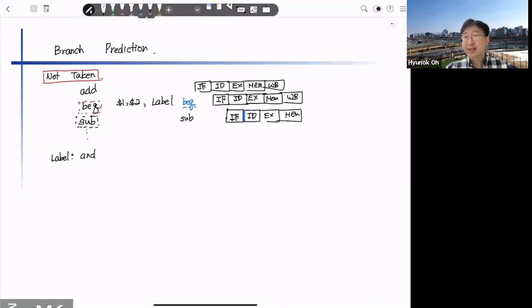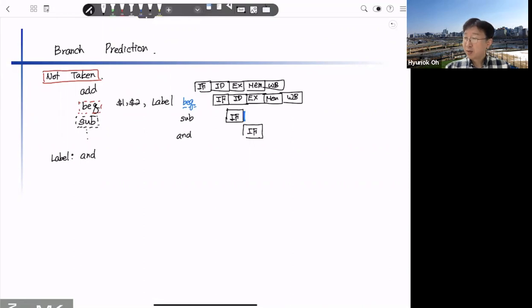If it's incorrect, so the prediction is incorrect, then what do we have to do? If incorrect, then which instruction should be executed? And what about the subtraction? We should not execute it, right?